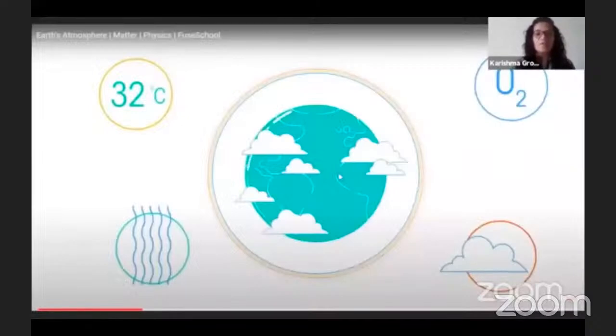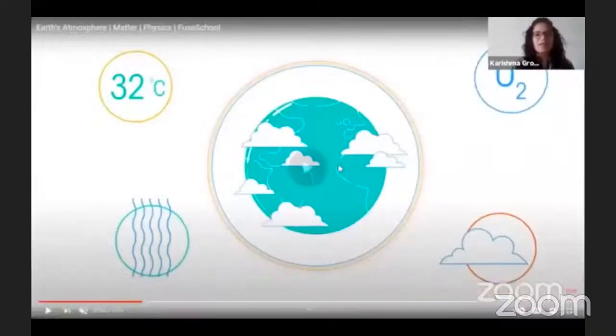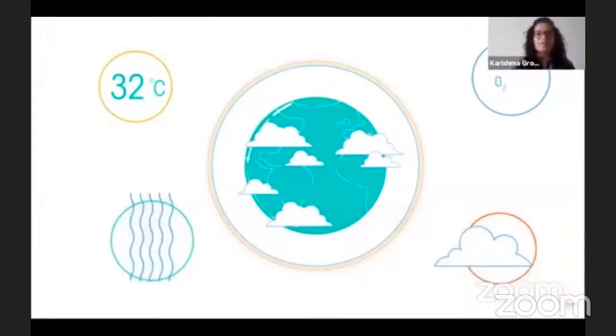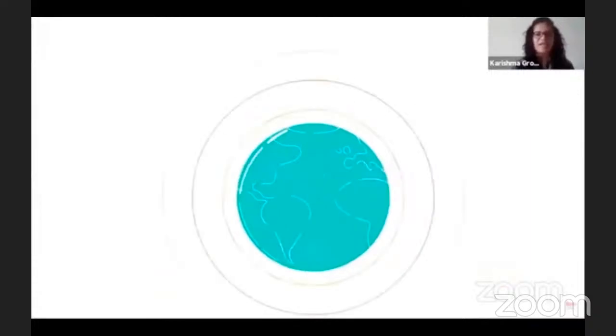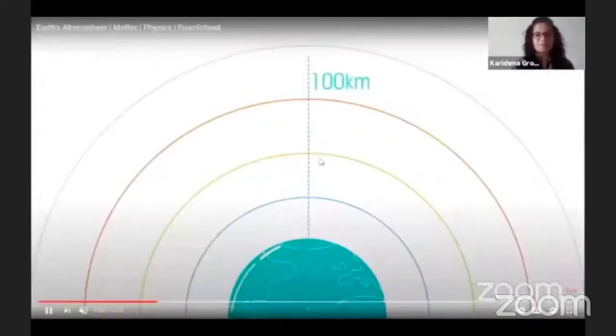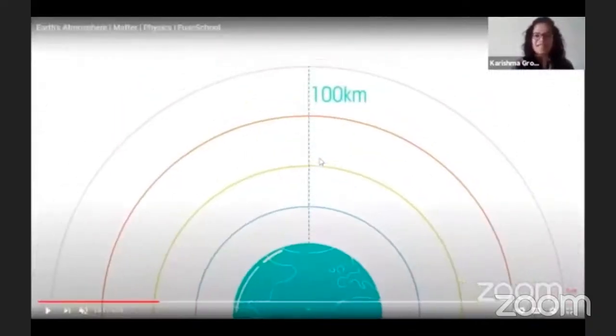Okay, good job. So we learned that atmosphere provides us with weather, water vapor, temperature, and gases. Now let's learn about the various layers. The atmosphere is about 100 kilometers thick and is broken down into various layers.